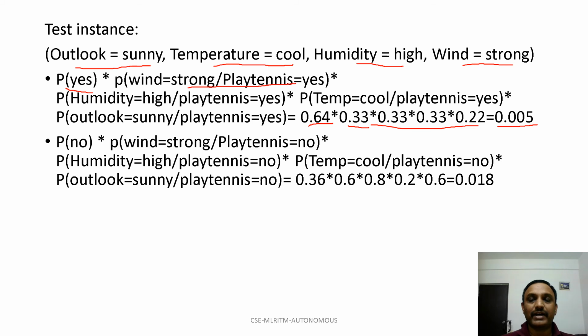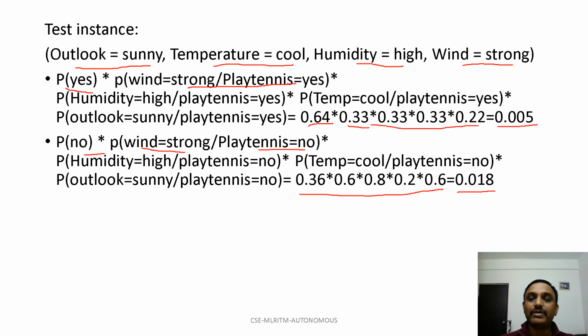You got 0.005. Similarly, for no also we have to calculate the probability of no, and for each attribute value the probability given play tennis is no we are taking. So by considering the product of those things we got this probability.